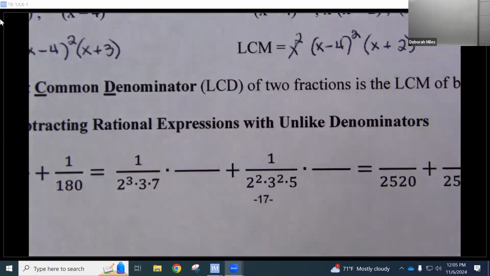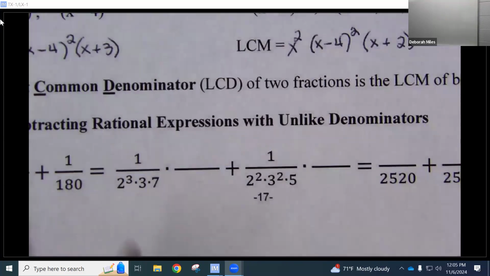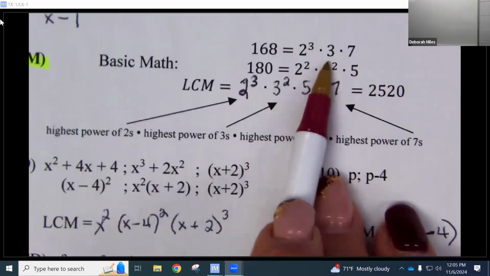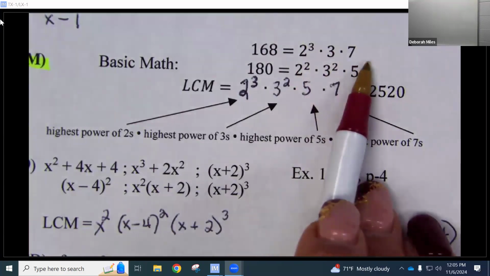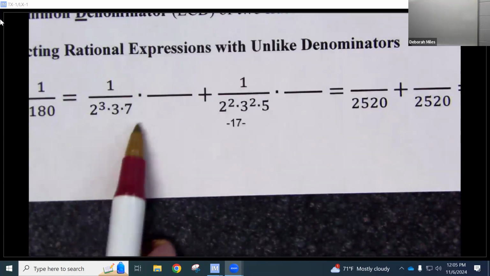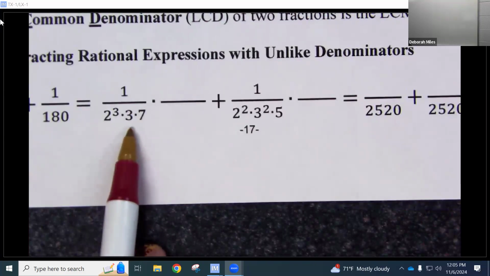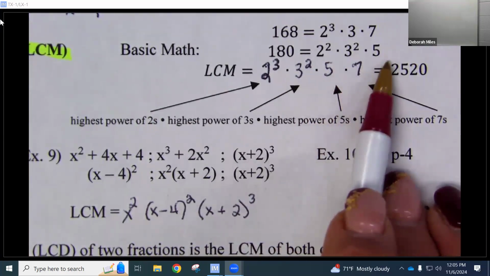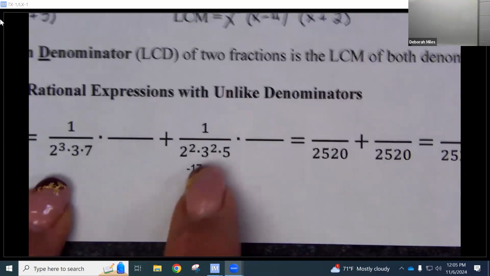So see if you can make sense of the way that I wrote this. 168, right here we said it was 2 cubed times 3 times 7. I just copied that down right here. And 180, we said it is 2 squared times 3 squared times 5. I just wrote that down right here.